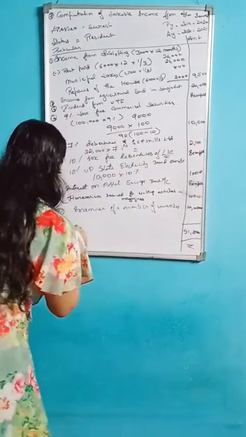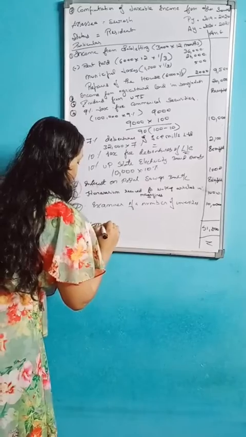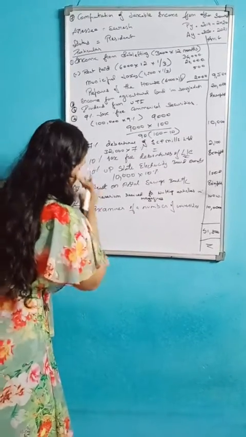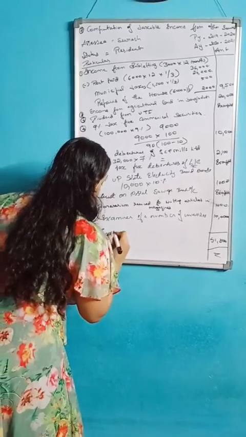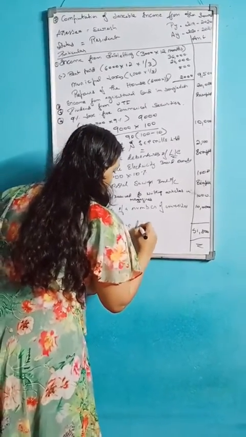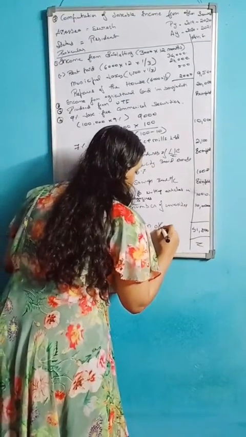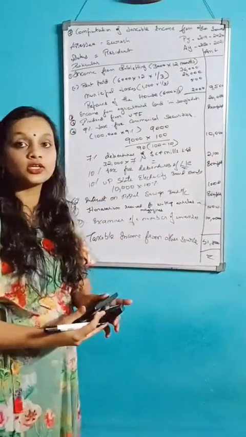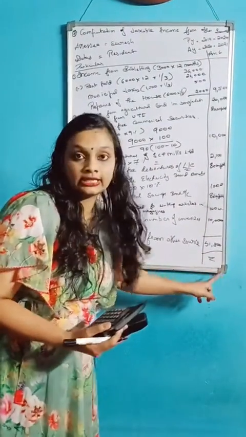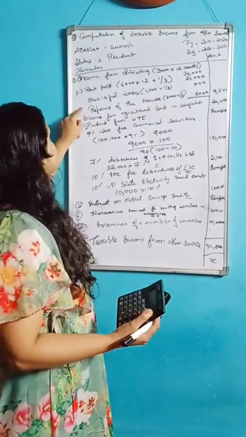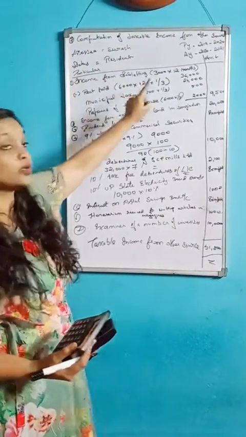So this is the taxable income from other source. The final answer you will get is 51,800. Okay, this is the new one. You should get to know this based on the format.